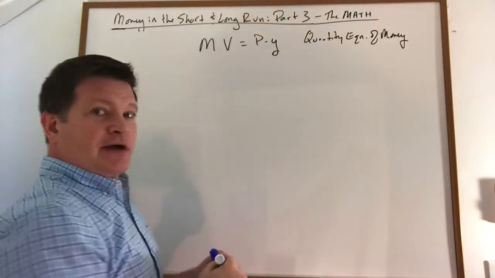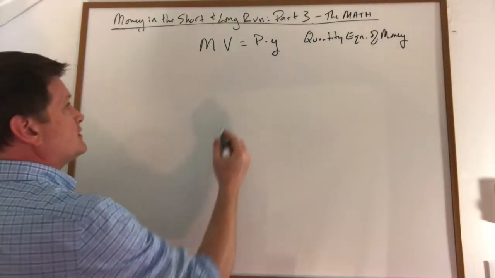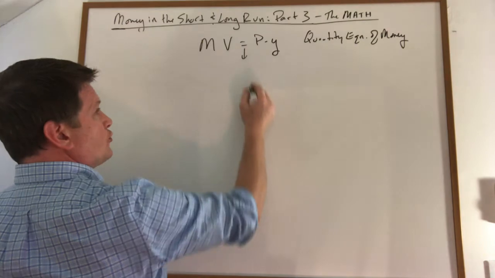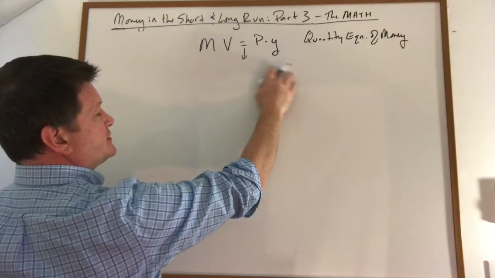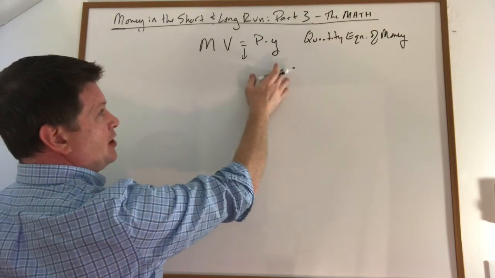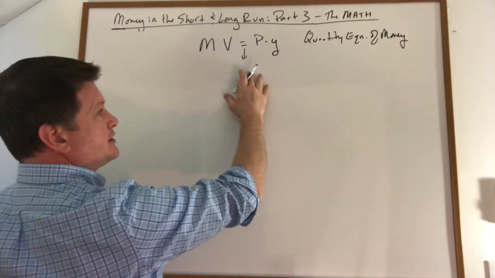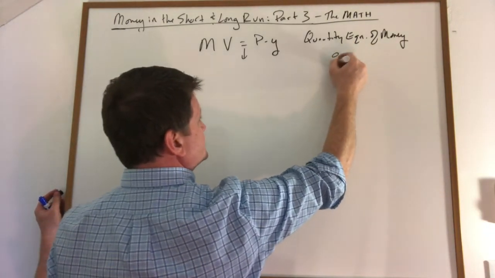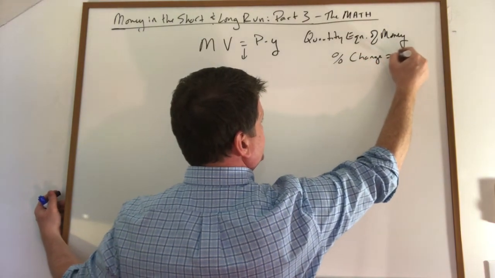What we'd like to look at is how it changes over time. So to convert this into rates of change or growth rates, we convert this into what I call hats, but if you know math, you take a log and you take a derivative with respect to time. And it changes everything into percentage change, which is growth rate.